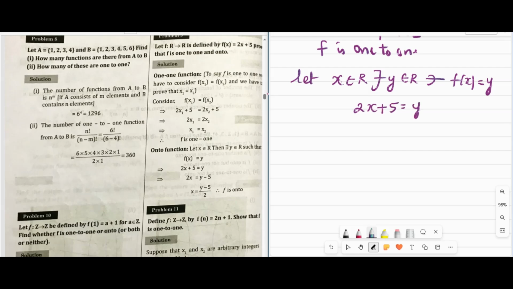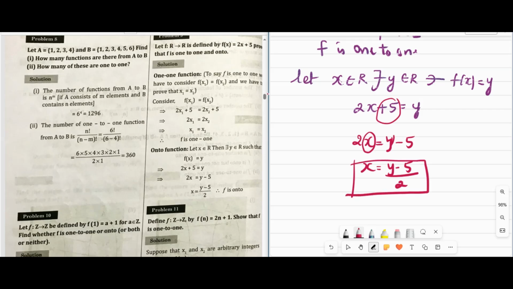Now this is in the form of y, we have to convert it into a formula for x. First we send this 5 to the other side, it becomes 2x equals y minus 5. I want a formula for x, so x equals y minus 5 divided by 2. Therefore we can say f is onto.